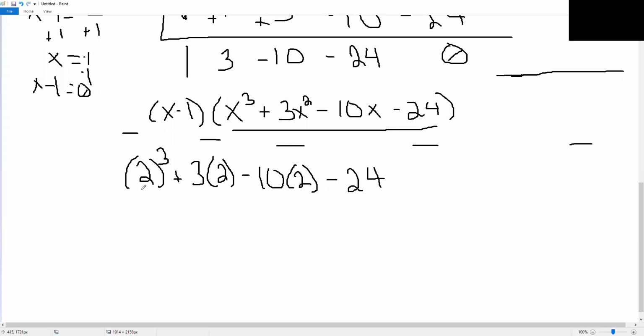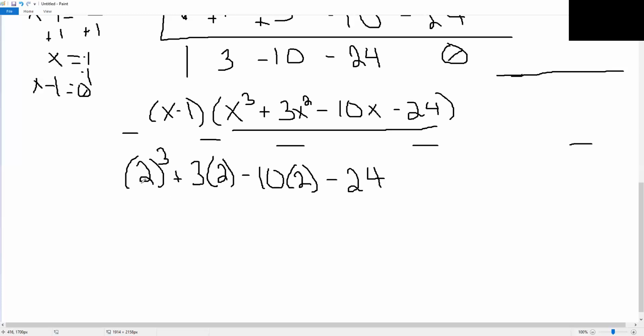Why are we doing negative 2? Oh, well, 2. We're doing 2 right now. Let's see if 2 works.